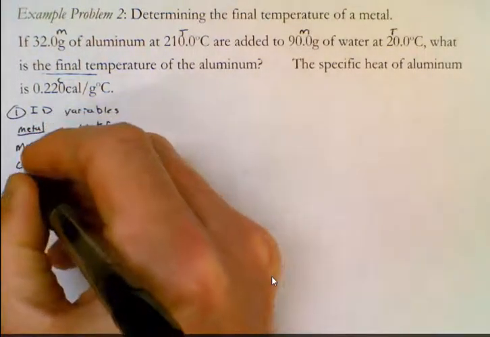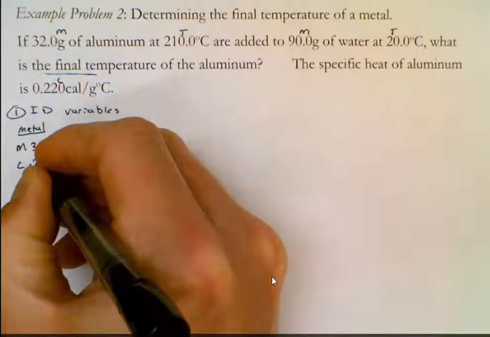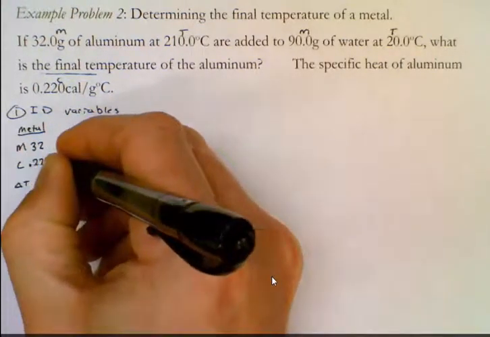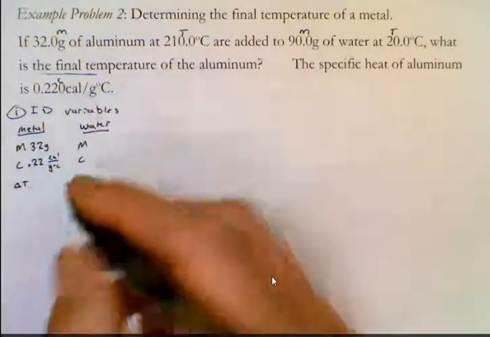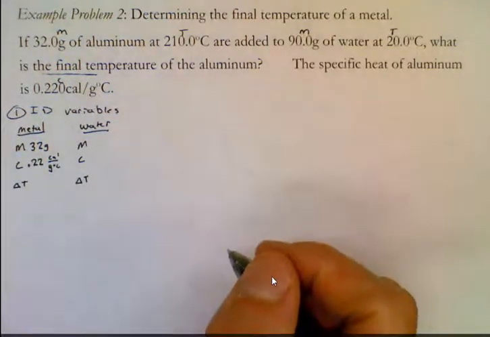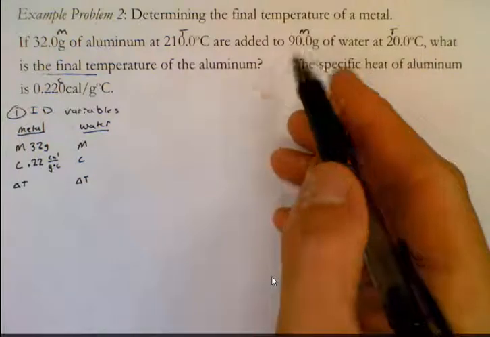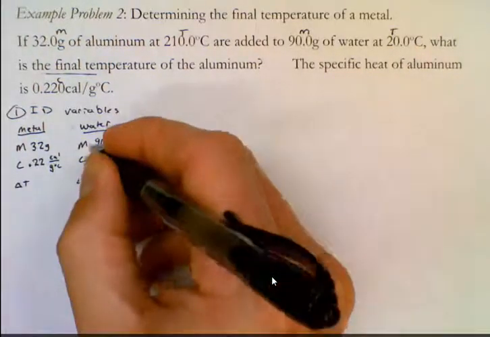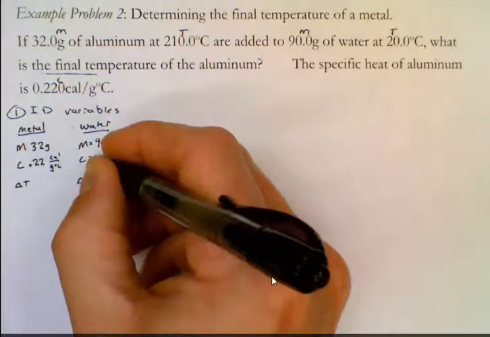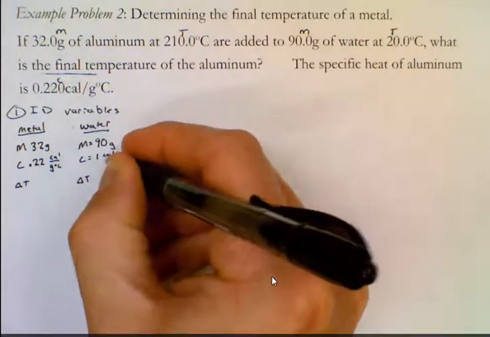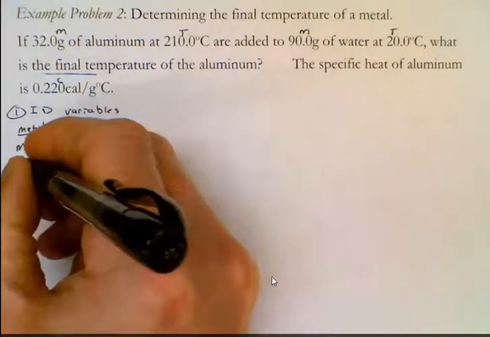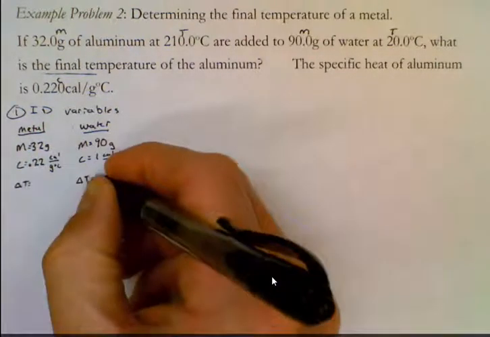The specific heat is 0.22. I'm going to hold off on my temperature for a second. The mass of my water is 90. It's in grams. Specific heat of liquid water is 1 calorie per gram degree C. And I'm going to hold off on the temperature here for a second.